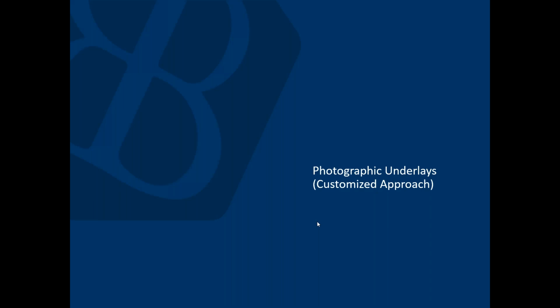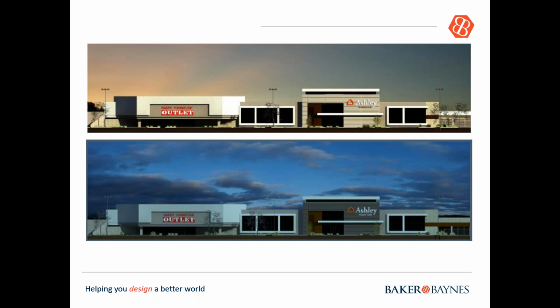Right. When we're talking about photographic underlays, since we are on that topic anyway, here we use an image, but we can also use a customized approach. Photo images can be used as backgrounds in your render, but not just in the conventional manner, right? The rendering process doesn't change, but exporting the image does.